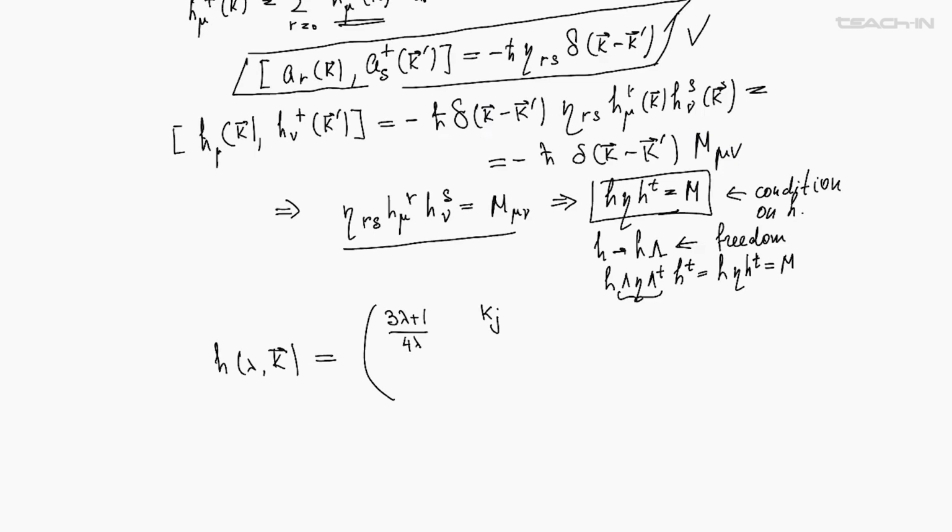Here, ki over k0, lambda minus 1 divided by 4 lambda, and here also 4 lambda. And here, delta ij minus ki kj divided by k0 squared, lambda minus 1 over lambda. As I said, that is a particular solution, but from the right-hand side we can multiply this matrix by any matrix of Lorentz transformation.